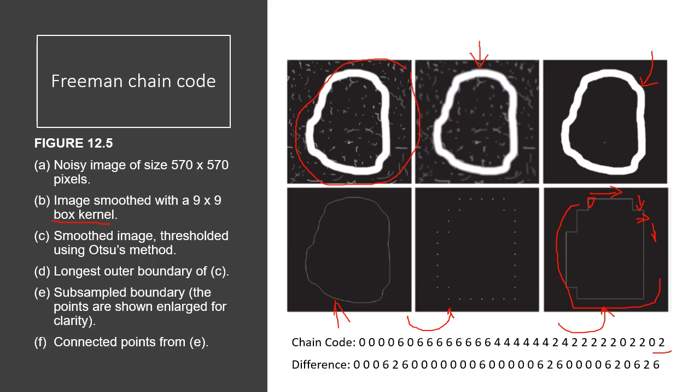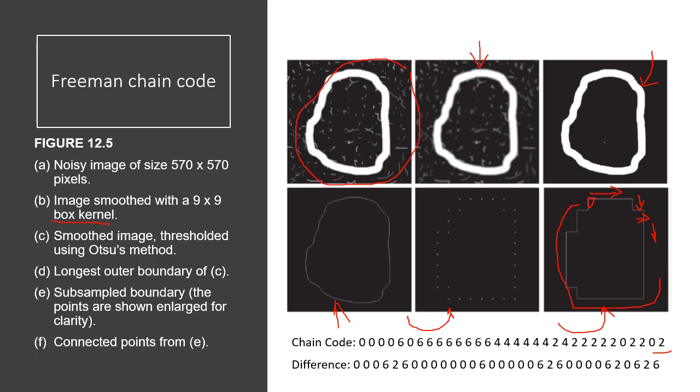Okay, since the chain code reflects the direction when we traverse the boundary, in order to be invariant under rotation, we take the difference of the changes. So we don't take the chain code itself, but we take the difference of the chain codes.